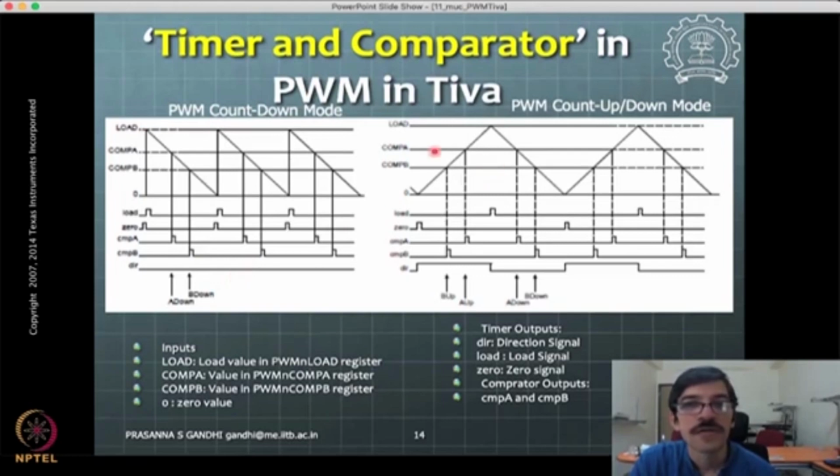But you can see that a similar kind of thing happens with the PWM countdown. Wherever this counter hits on the up count, it will generate a pulse, and on the down count also it will generate a pulse on these CMPA, CMPB signals. These are the kind of signals that will get generated. And then this is a direction counter. So this is a direction: counting up is positive, and counting down is 0. That's how these things work inside.